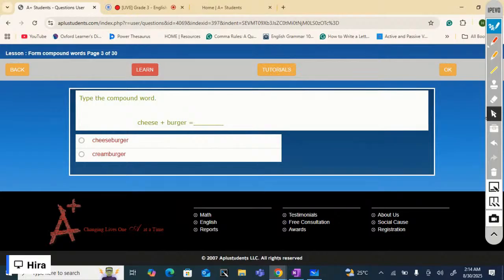Next words are cheese and burger. So what can you make out of it?